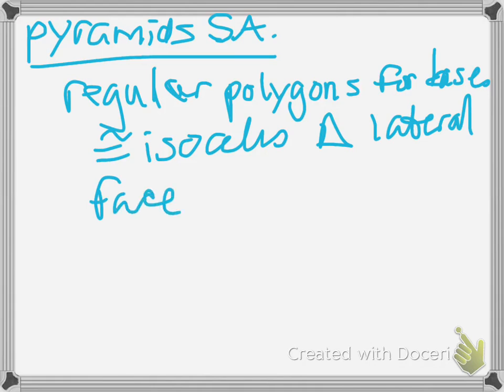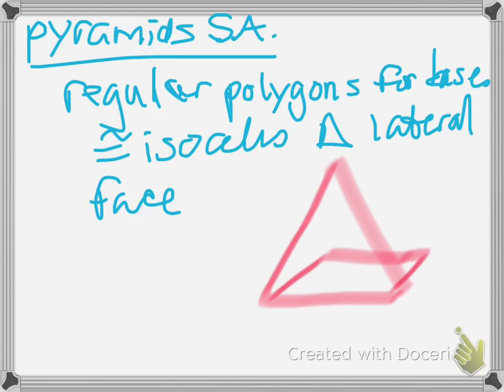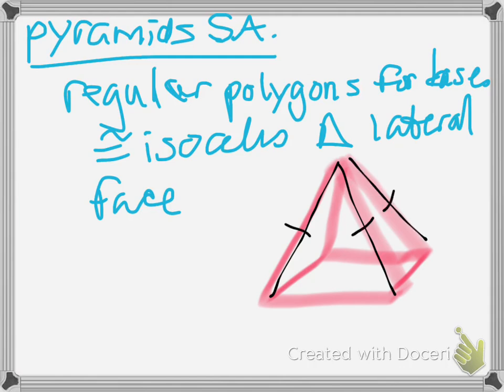If you have a pyramid, okay, that means that this side and this side are going to be congruent. All these lengths here are congruent.